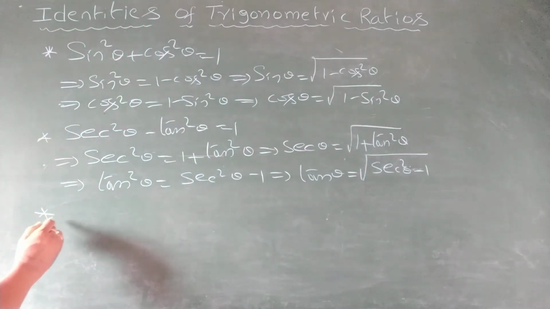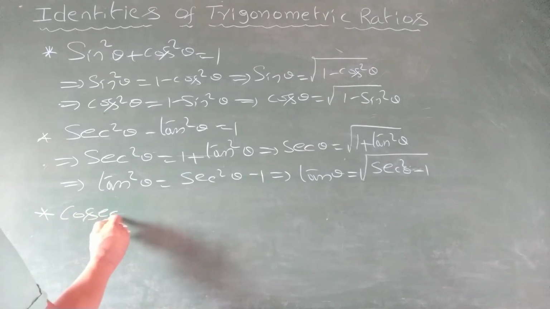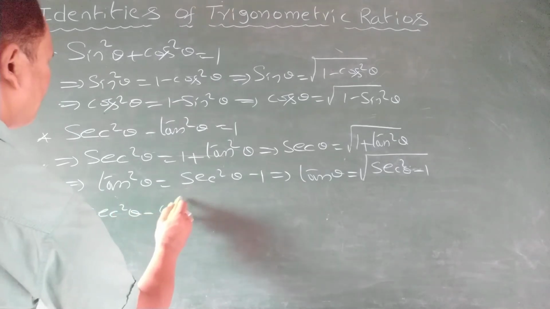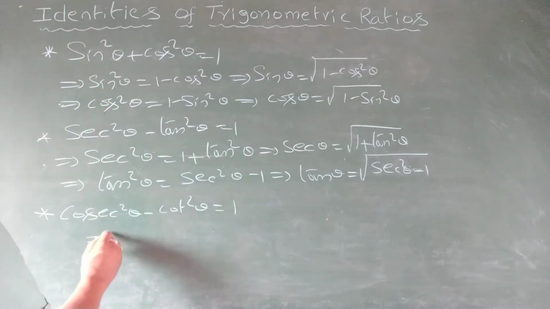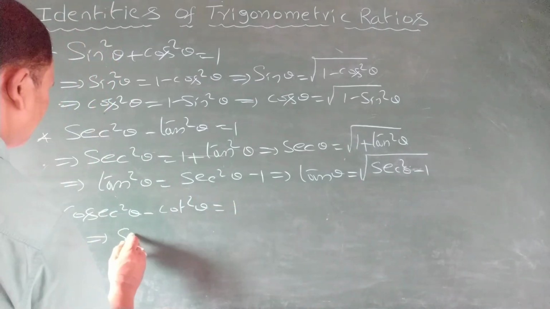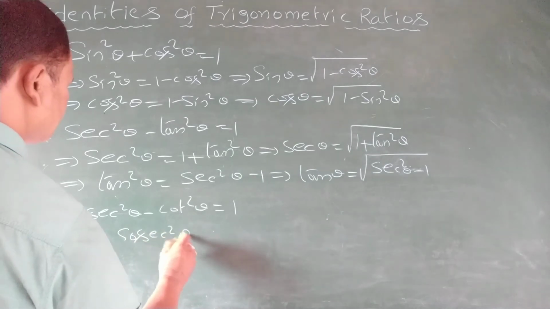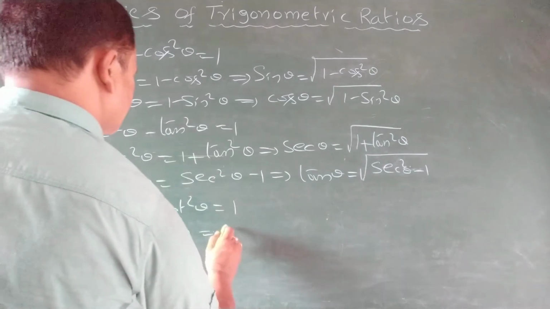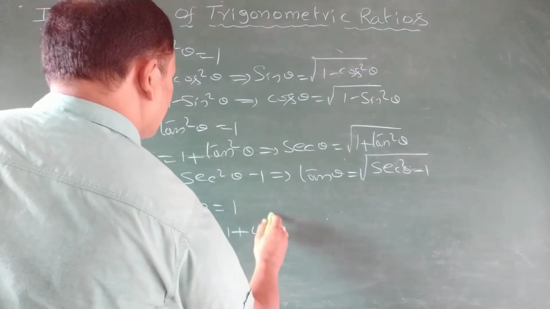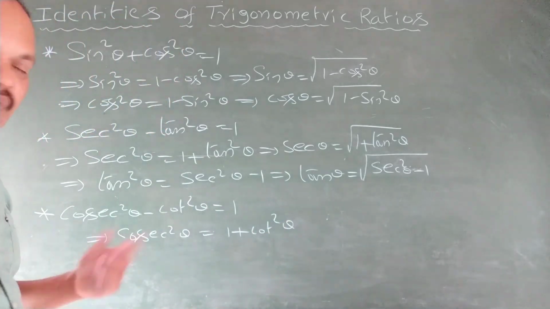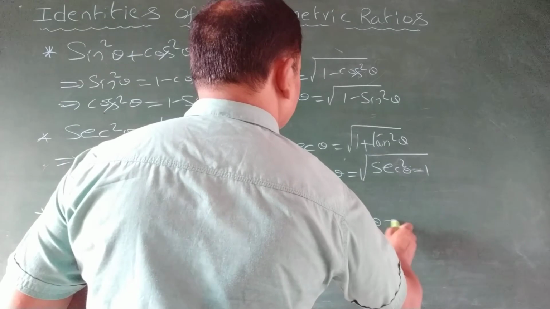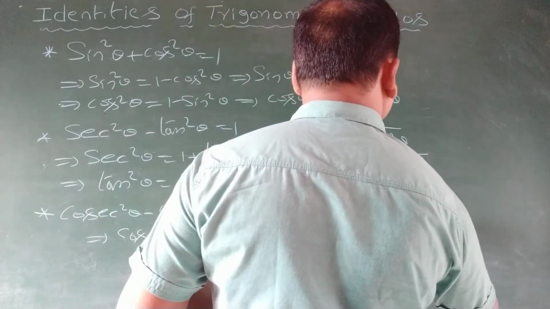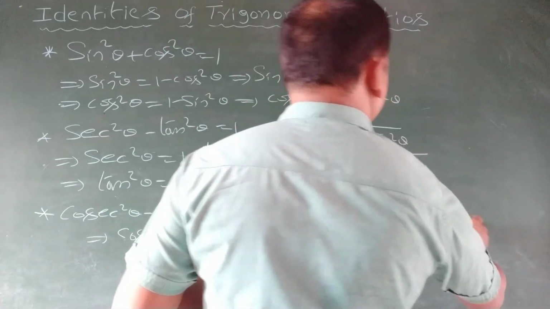Next identity, cosecant square theta minus cot square theta is equal to 1. From this, cosecant square theta is equal to 1 plus cot square theta, so cosecant theta is equal to square root of 1 plus cot square theta.